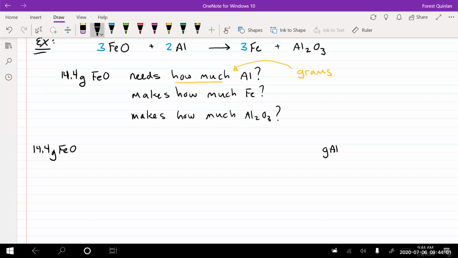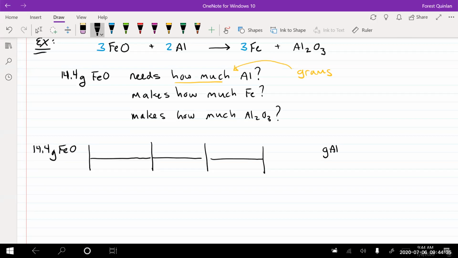Now, there's a nice little mantra that can go with this problem and actually almost all the problems from here to the end of the class. This problem is a mass to mole to mole to mass. If I give you a mass, I'll want a mass. Mass to mole to mole to mass. So immediately when I see this, I say the words mass to mole to mole to mass.